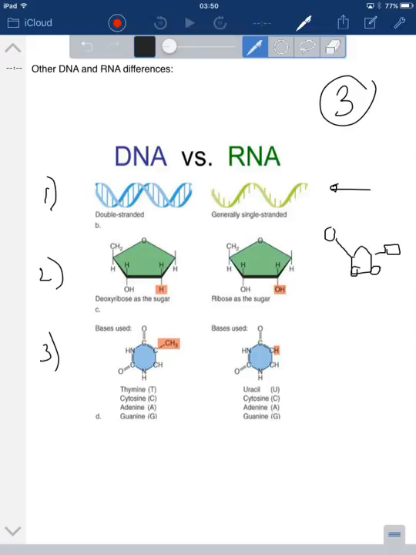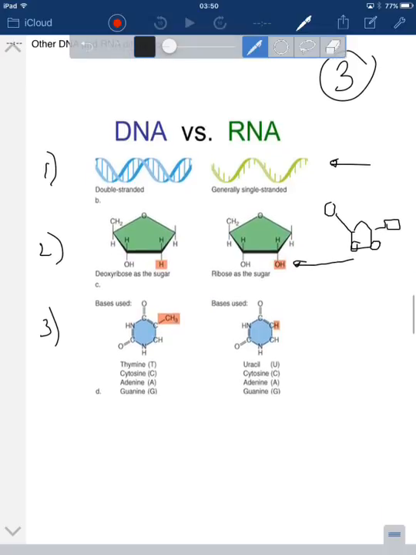So we can see here, in ribose, we have two OHs, 1 and 2. So there's 2 times oxygen. This is the ribose sugar.